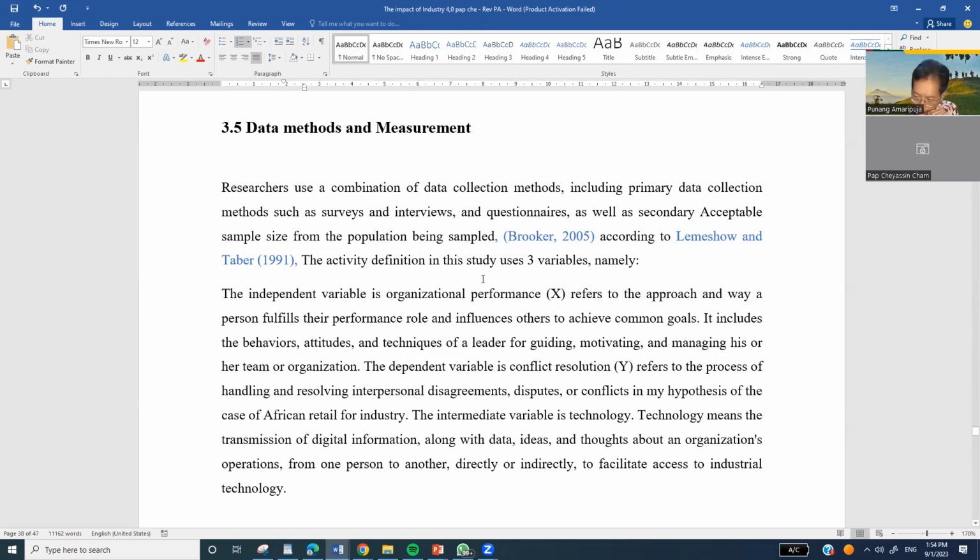I think the object would be, for instance, companies in Africa that use industry 4.0 technologies.